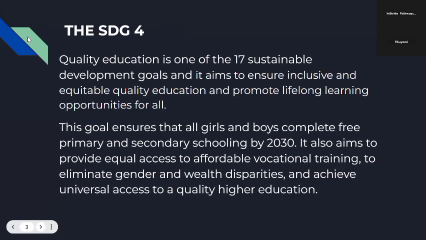Quality education is one of the 17 SDGs, and it aims to ensure inclusive and equitable quality education and promote lifelong learning opportunities for all. So basically, the idea of quality education by the UN is not that a particular gender has this percentage of access or opportunity.